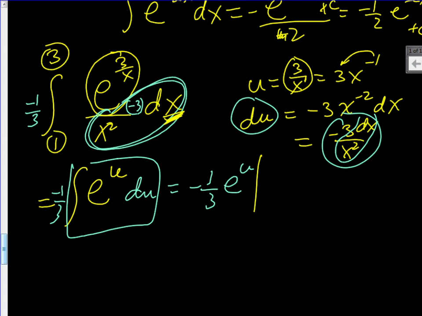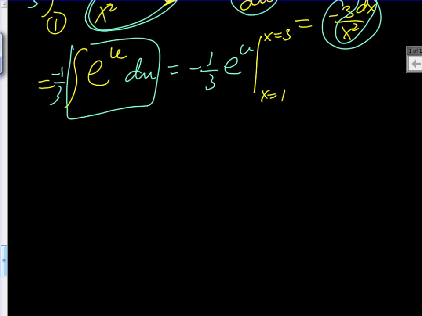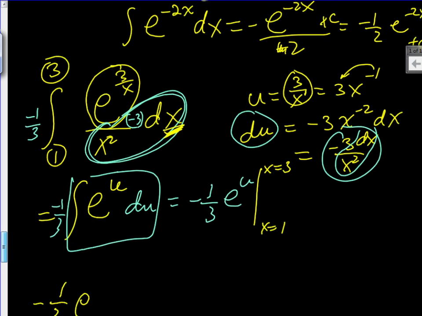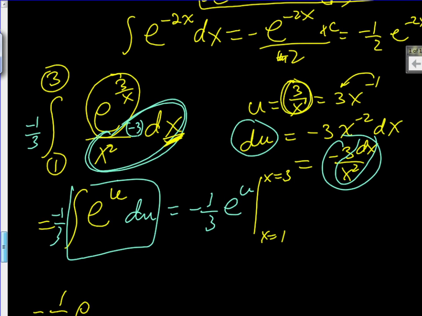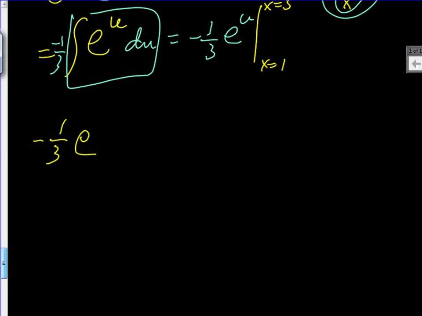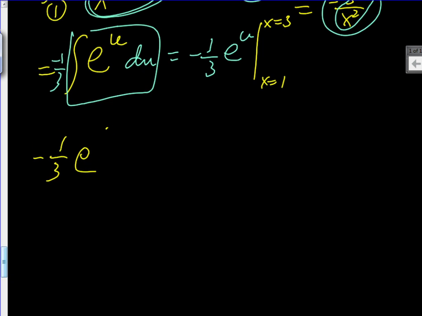But remember, that's x there. These are x limits. x goes from 1 to 3. Now, we have two choices from here. We'll do both of them. We have negative 1/3 e to the u. You can substitute back what u was. u is 3 over x. And then we evaluate from 1 to 3. Now, I'd lose my mind if I had to do three of these in a row.